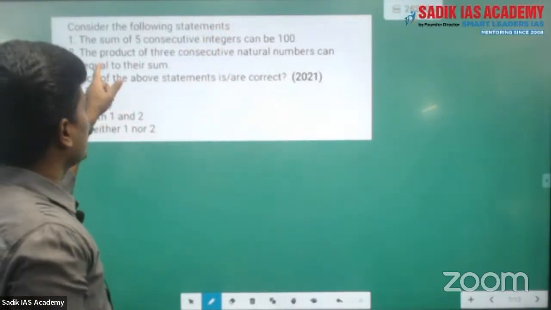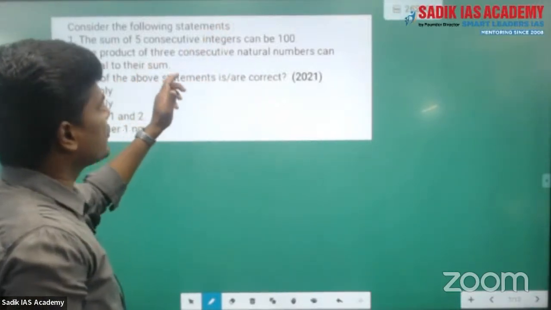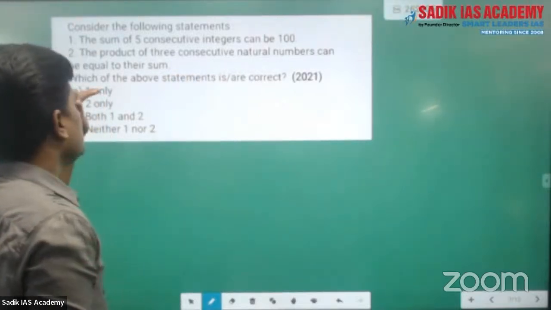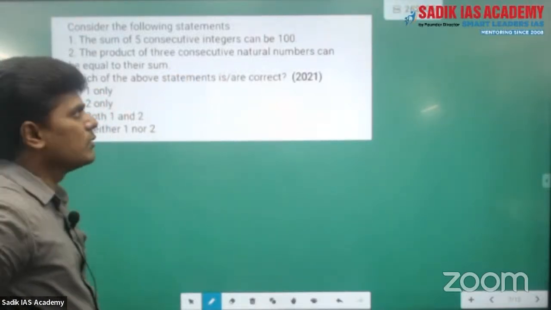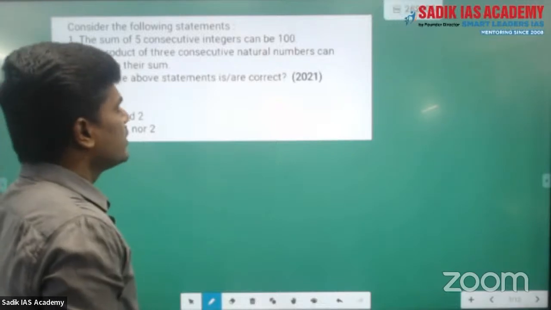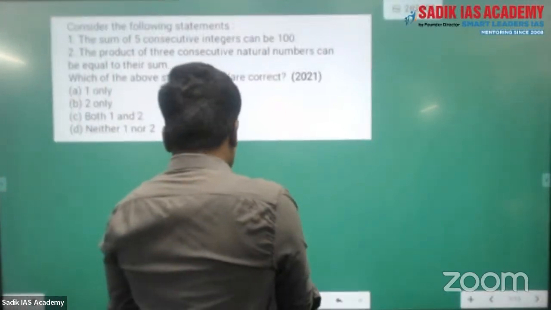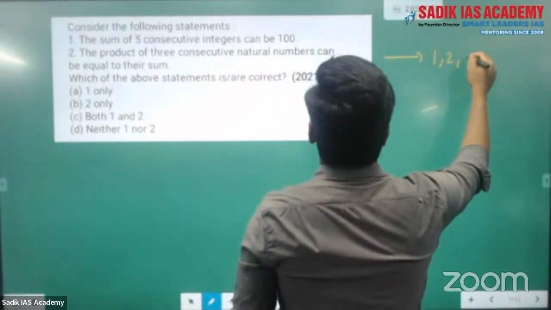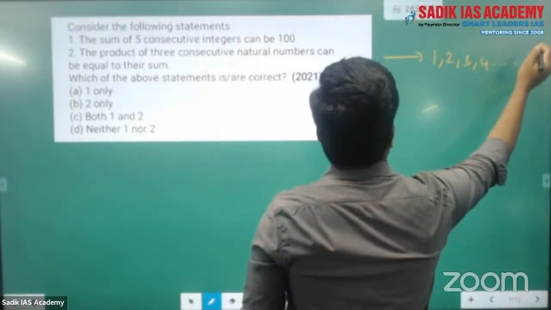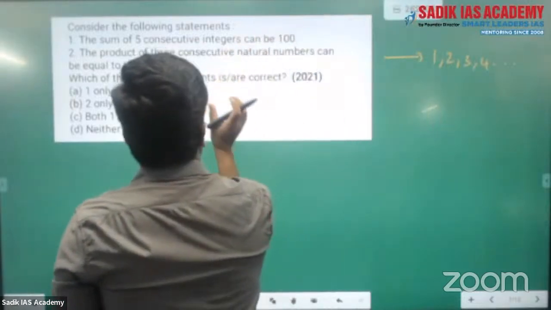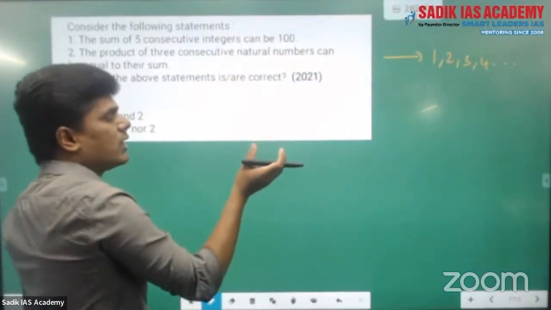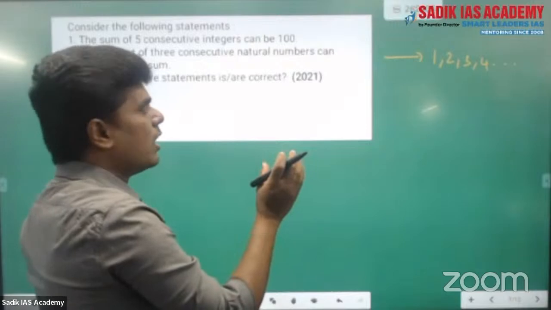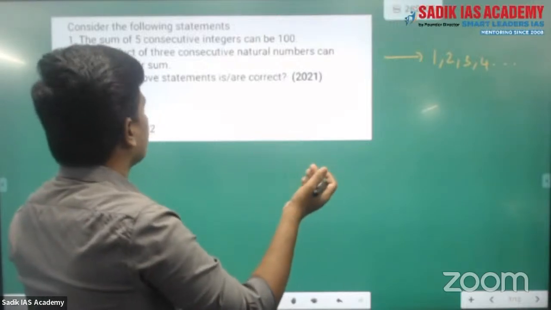Then the second one, the product of 3 consecutive natural numbers can be equal to their sum. The product of 3 consecutive natural numbers. Natural numbers are going to start from where? 1, 2, 3, 4, like this. So you are going to take 3 consecutive natural numbers and multiply them.